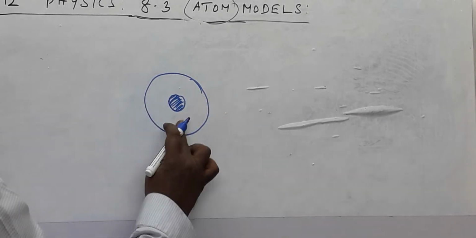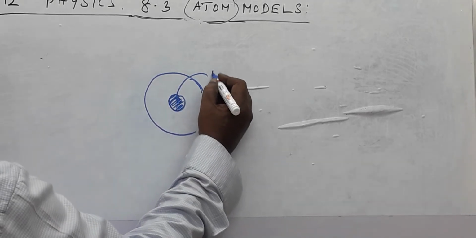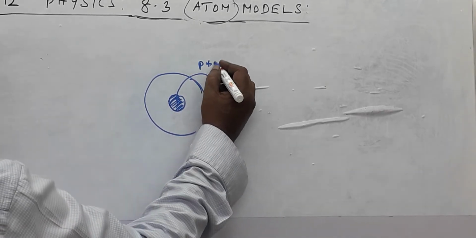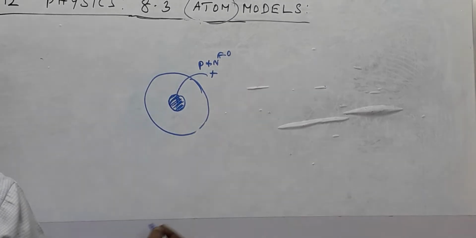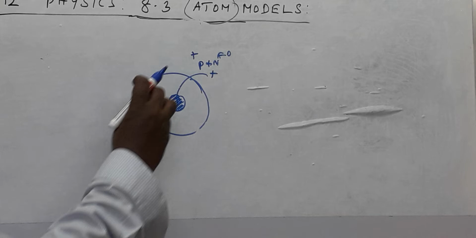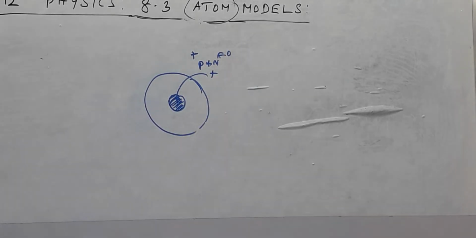There is a vacuum. Here only positive charges, because here are proton as well as neutron, a neutral particle. The proton is a positively charged particle. That's why the nucleus of an atom is considered to be positive.